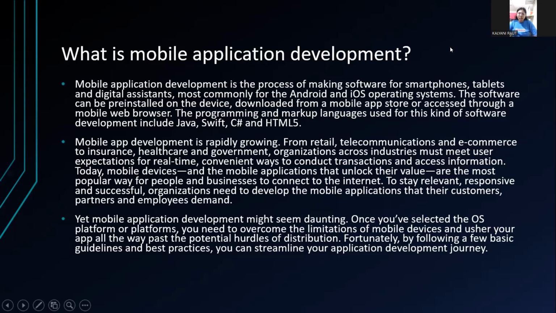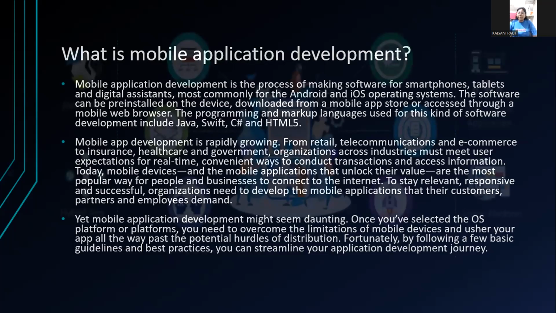The programming and markup languages used in this kind of software development include Java, Swift, C#, and HTML. The mobile app development industry is growing rapidly, from retail, telecommunication, health, government organizations, etc. So we need to develop applications that let their customers, employees, and businesses connect through the internet.